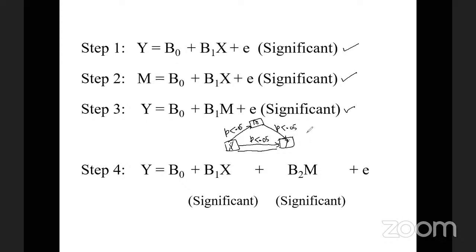Now we are applying multiple regression analysis, which means we are taking x as well as m as predictors of y. After conducting the multiple regression analysis, if the relationship between x and y is still significant, it means there is a partial mediation.